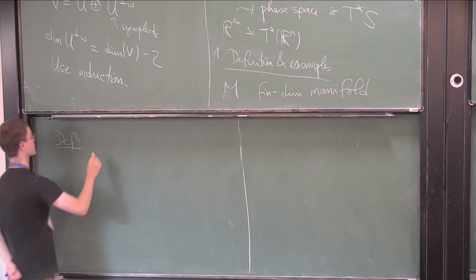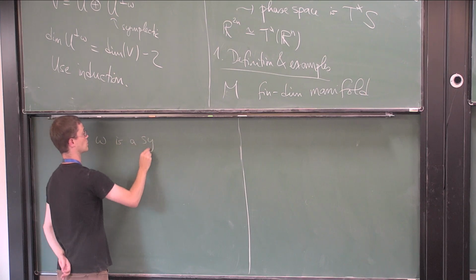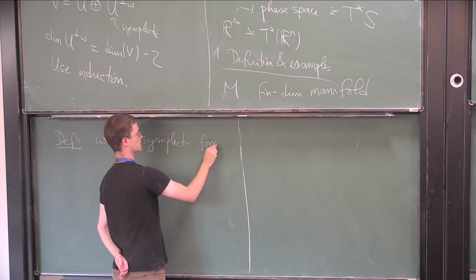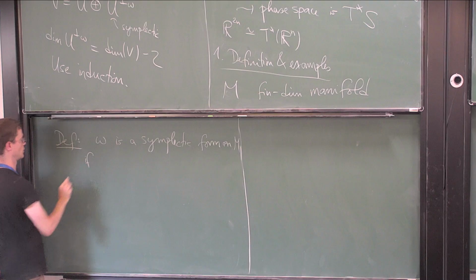So what is a symplectic form? Omega is a symplectic form if the following conditions hold.